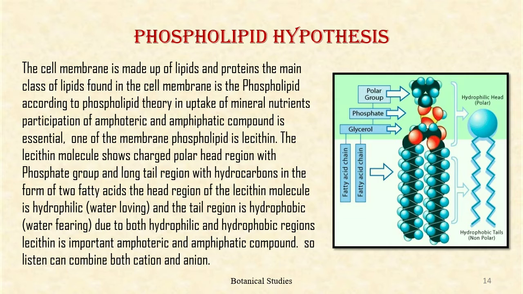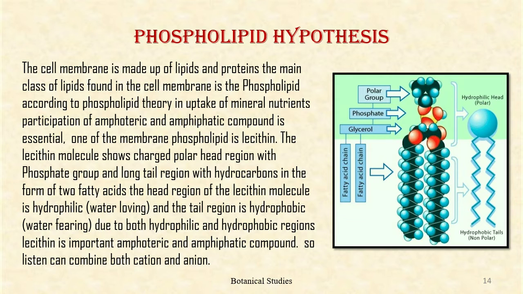The lecithin molecule shows a charged polar head region with a phosphate group and a long tail region with hydrocarbons in the form of two fatty acids. The head region of the lecithin molecule is hydrophilic, that is water loving, and the tail region is hydrophobic, that is water fearing. Due to both hydrophilic and hydrophobic regions, lecithin is an amphoteric or amphipathic compound.